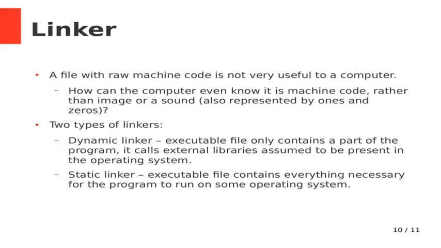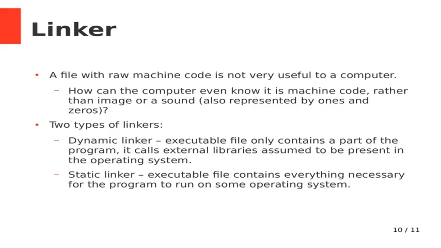Images and sound files are also ones and zeros to a computer. So how can it differentiate between them? There needs to be a program, and it's called the linker, that adds some headers to those files so that they can actually be recognized as executable files for a certain operating system.